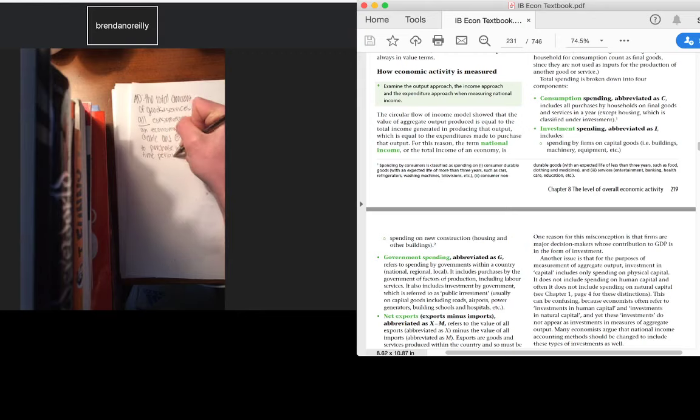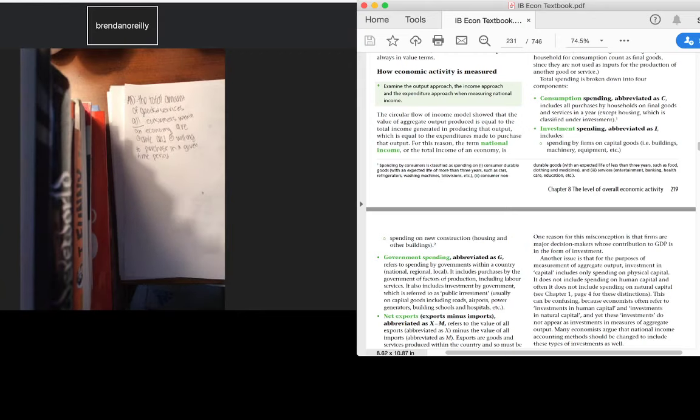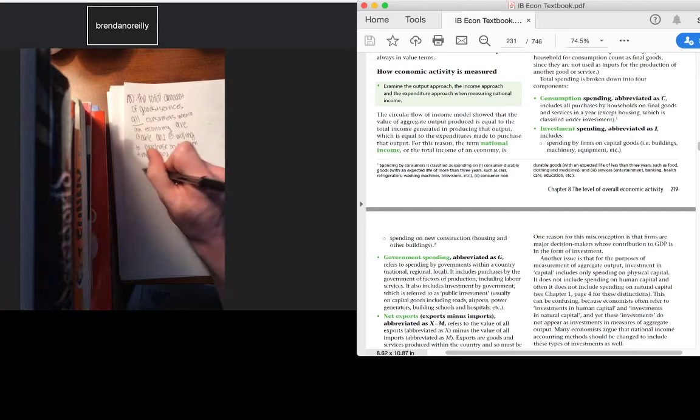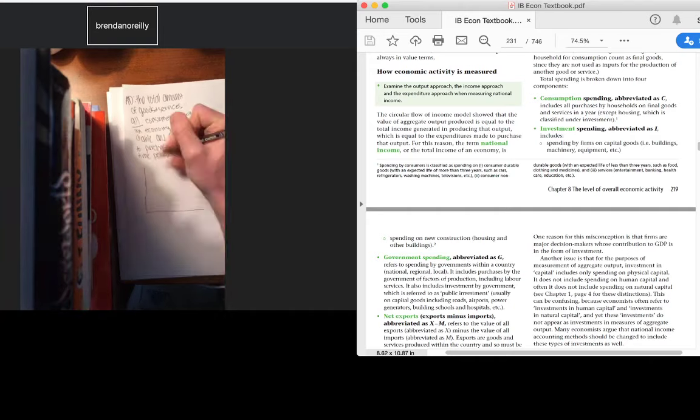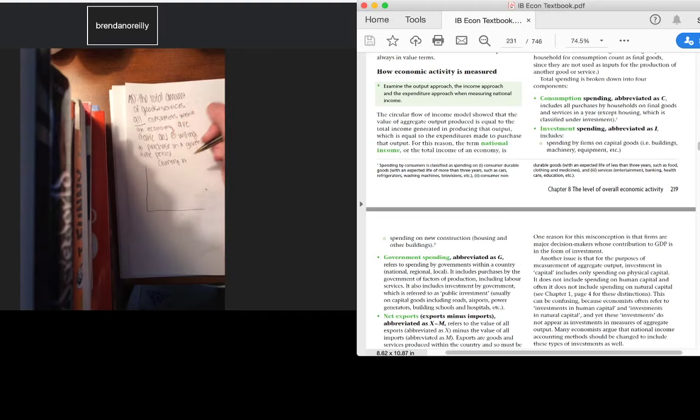So let's say that we have an example economy. Let's call this country A. And of course, this would never occur, but for simplicity purposes, say that country A produces soda and candy. Very healthy economy.